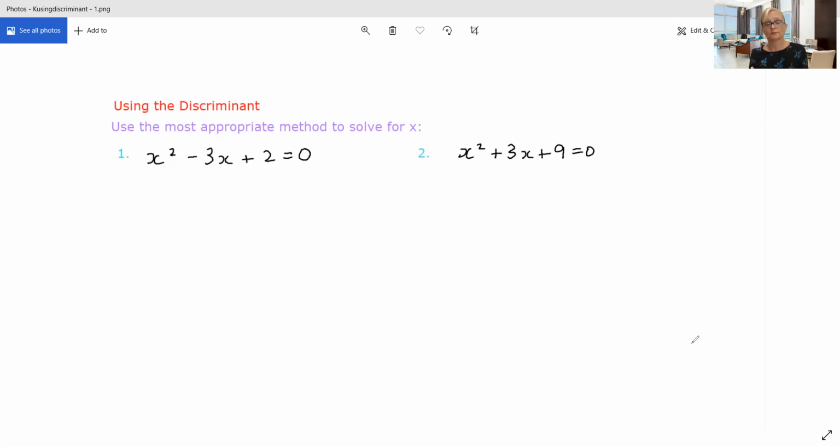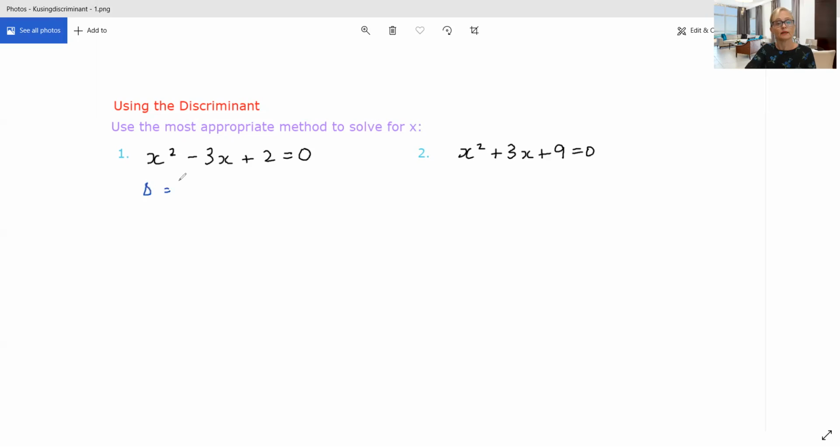Now, by the time you get up to this stage, I would think that you would look at this first example and automatically be able to factorise that. However, just to prove that the discriminant can come in handy, let's say we weren't sure if that could be factorised or not. Let's work out the discriminant.